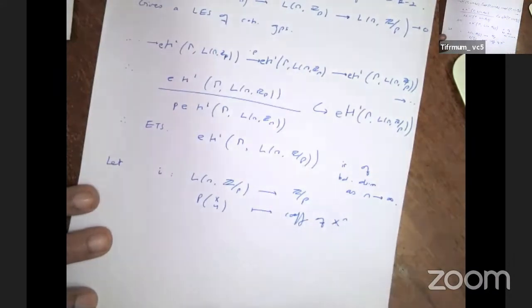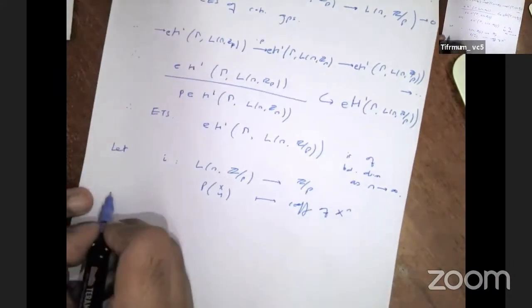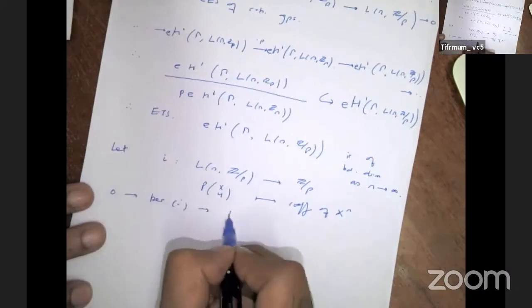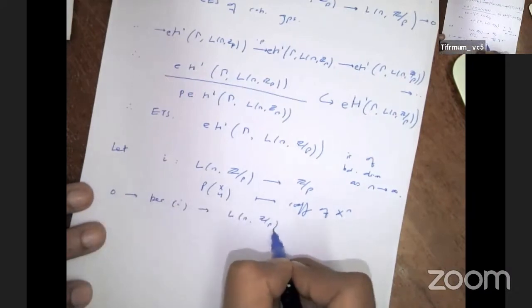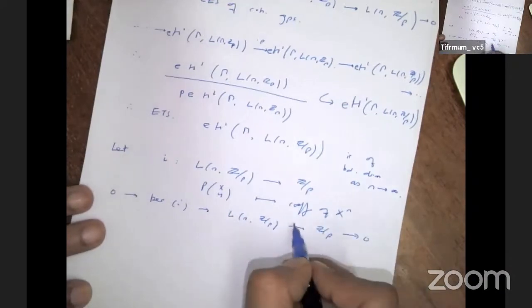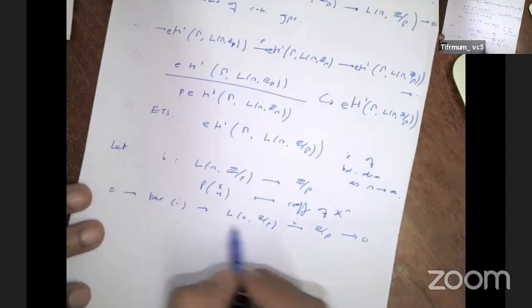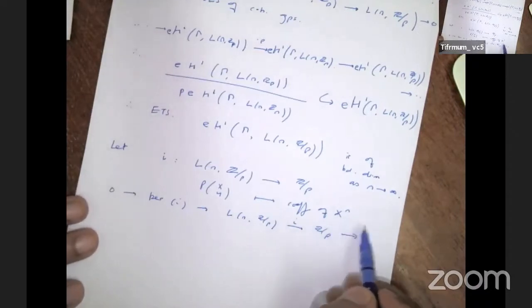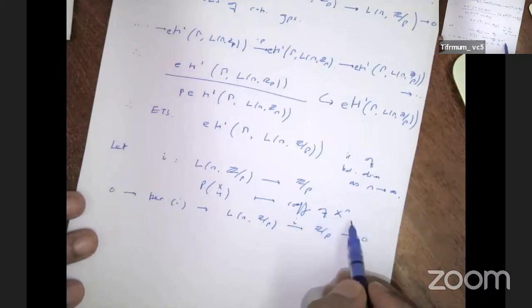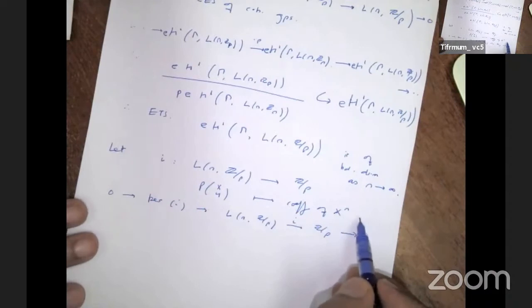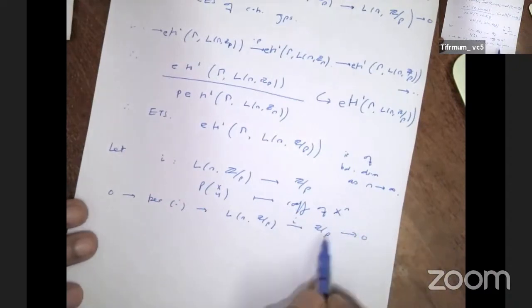Okay, so again, you get a short exact sequence: 0 goes to kernel of I, goes to L_n(Z mod p), goes to Z mod p, goes to 0, right? This is the map I. You're just taking a polynomial and taking it to the coefficient of x^n. So this is x^n plus something times x^(n-1)y plus something times x^(n-2)y^2 all the way up to something times y^n. I just take the coefficient of the leading term.